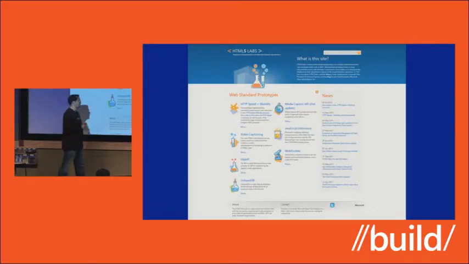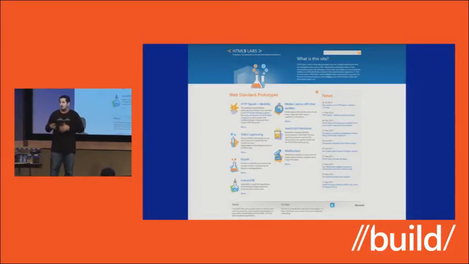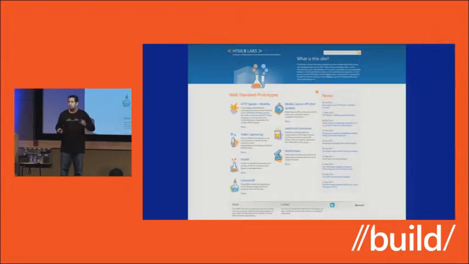Or when IndexedDB was out, we wanted to give developers the opportunity in Internet Explorer 9 to start testing offline database storage. So this is how we approach it. We feel it's a very responsible way because it gives you guys time to figure out what the use case is for your site and also to make sure that the spec evolves at the right pace.